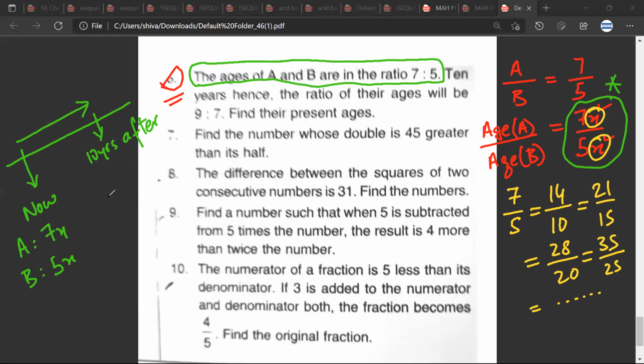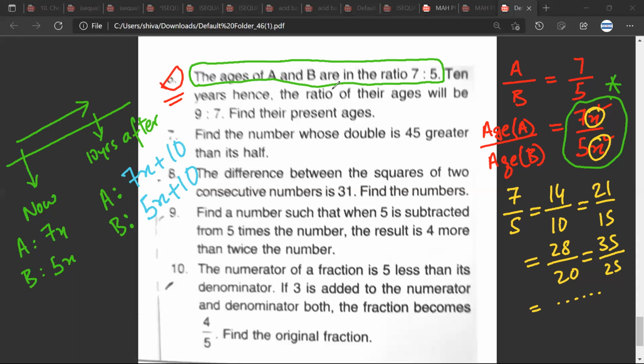Mr. Sarthak, what will be the age of A? 7x plus 10. Shabash. So this would be 7x plus 10 and this would be 5x plus 10. Any issue till here? No, sir.